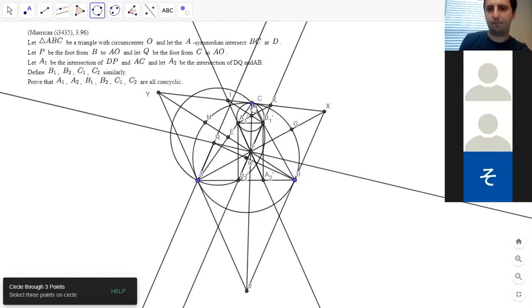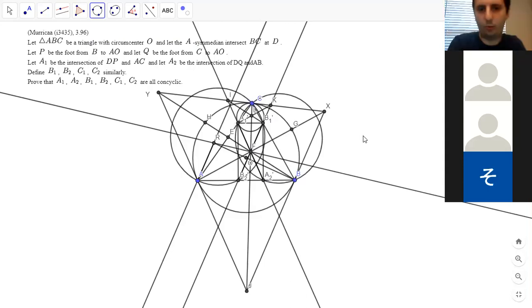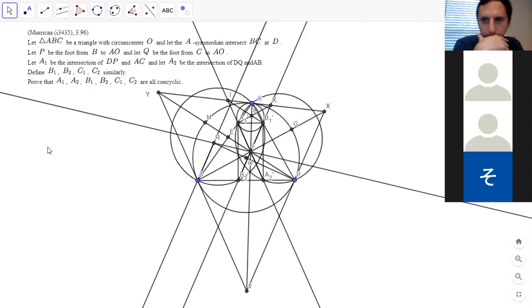So basically, we defined A1 prime and A2 prime so that that would be cyclic, but we don't know it for the original A1 and A2. What would the generalization be, I guess?